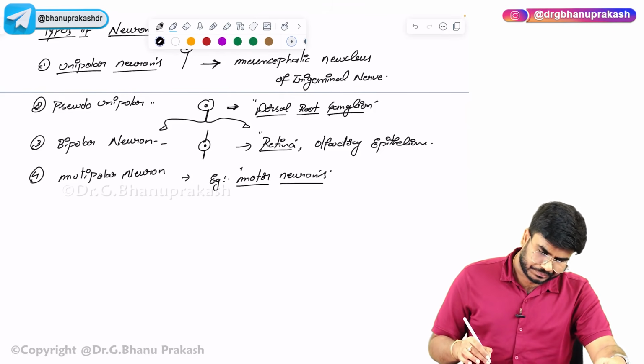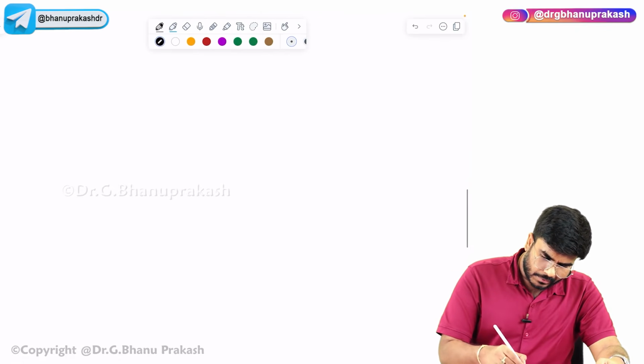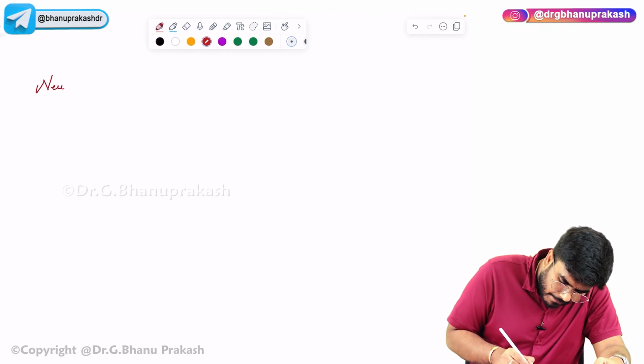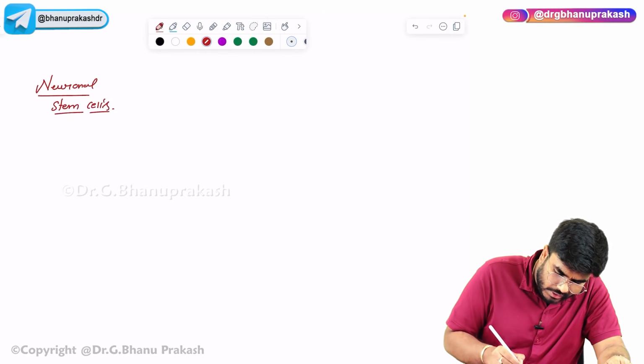Now after this, what I want you to know is neuronal stem cells. Single liner questions: where are these neuronal stem cells present?